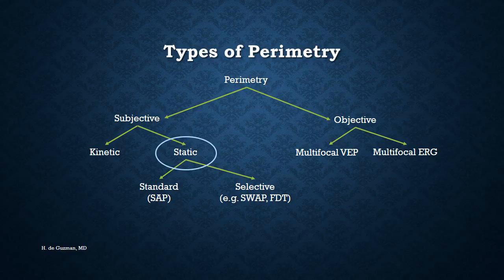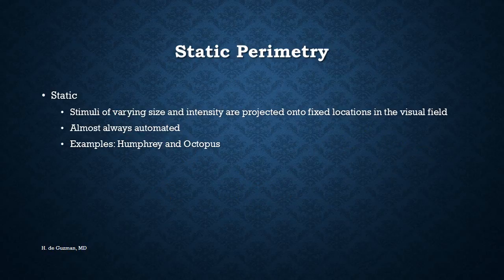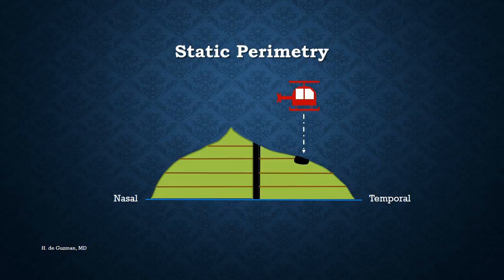Static perimetry, on the other hand, the stimulus does not move, it's fixed, but they vary in intensity and they are projected onto fixed locations on the visual field. These tests are almost always automated, and the most common ones that we use are the Humphrey and the Octopus.